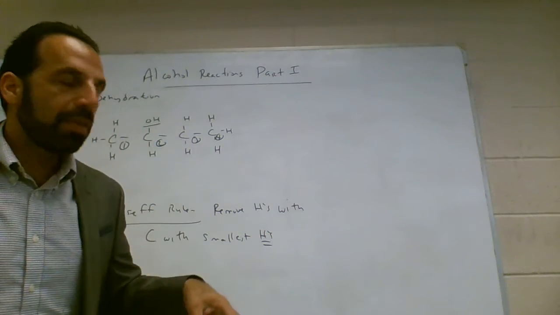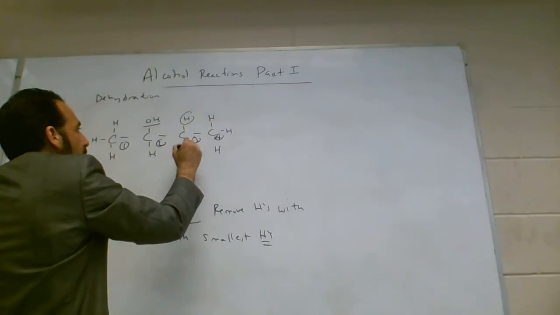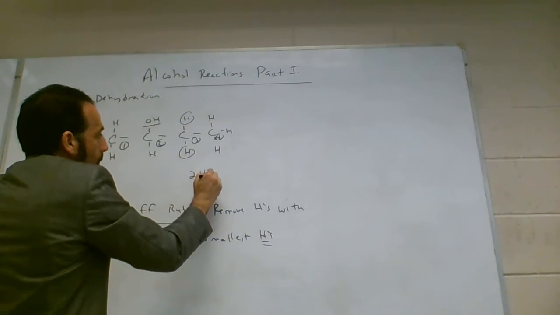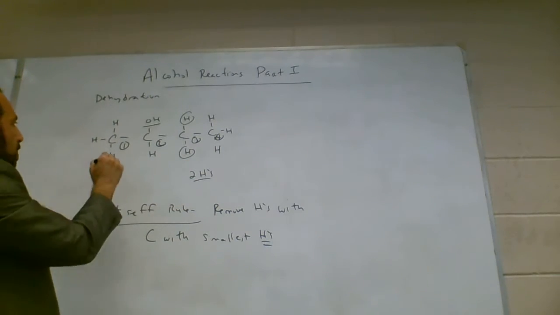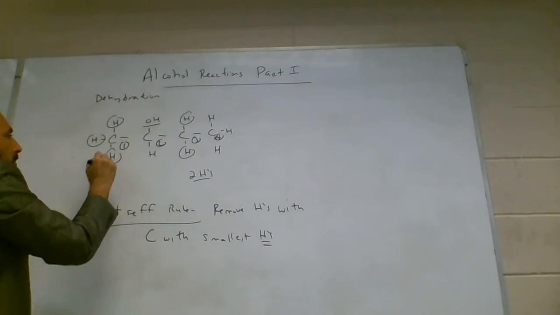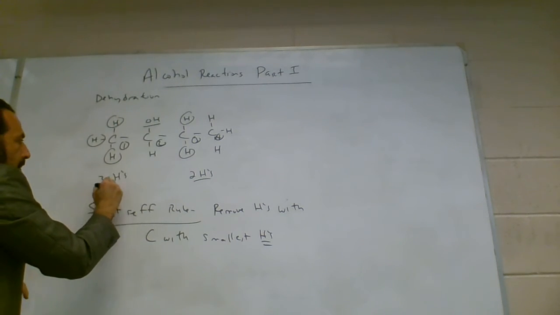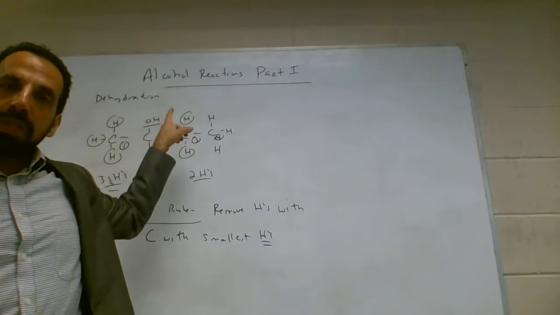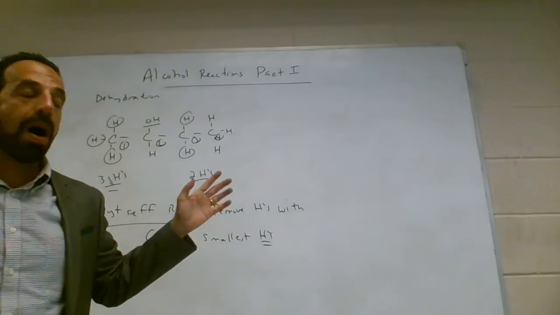So when I'm looking at this one right here, carbon number 3 has 2 hydrogens. Again, it has to be the one adjacent to it. Carbon number 1 has 3 hydrogens: 1, 2, 3. So I have to lose a hydrogen from carbon number 3, and then we'll form a double bond in between.